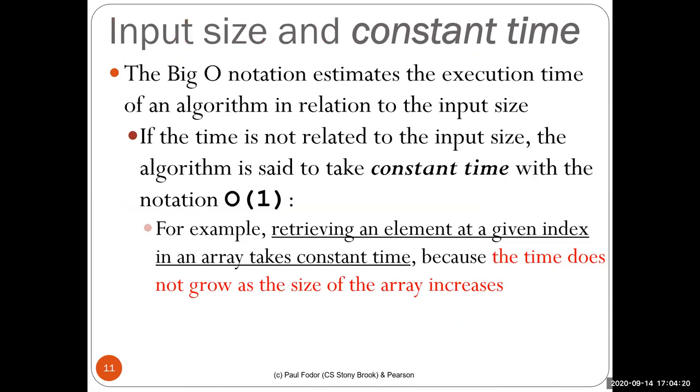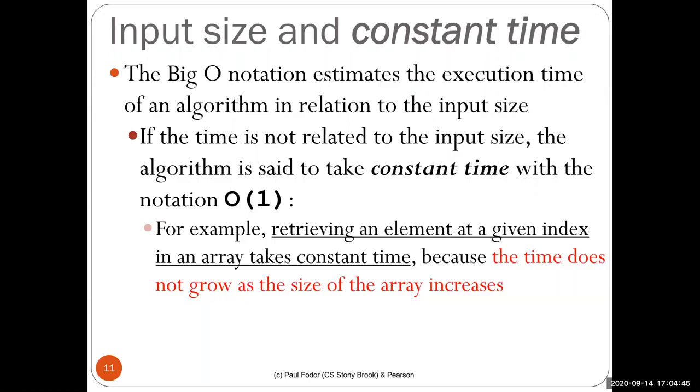The big O notation is also used when we have a constant number of steps to compute an algorithm. If the time that it takes to execute the algorithm is independent of the input size, then the algorithm takes a constant time.